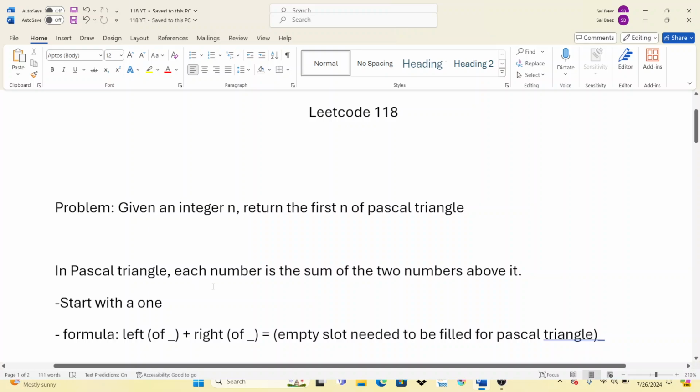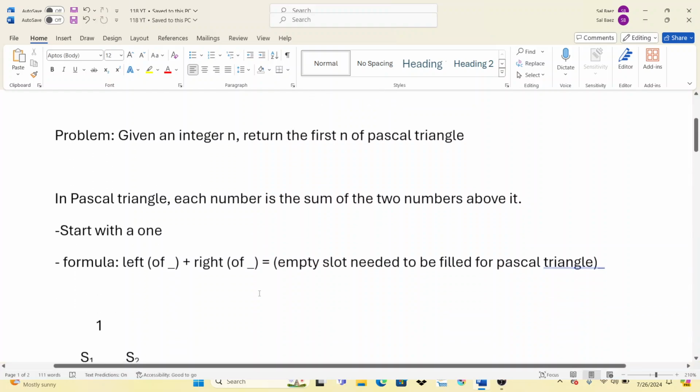So in Pascal's triangle, the numbers are like this. Oh, hold on, let me explain this better. We have a triangle that's made up of sums of numbers, basically. The sum of two numbers, I should say, that are above in the previous row.